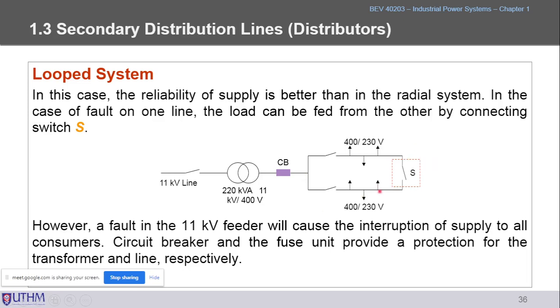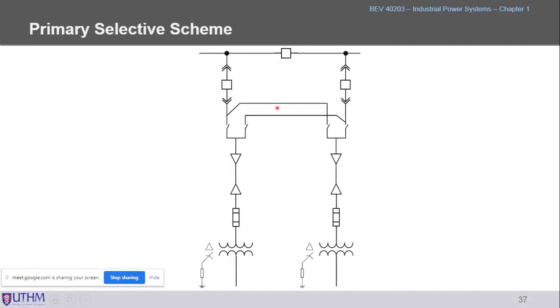So this is the beauty of the loop system. It is interrelated like this one. So it's a looping. If something happens here, this one will be connected. In the normal case, either one only will be operated.